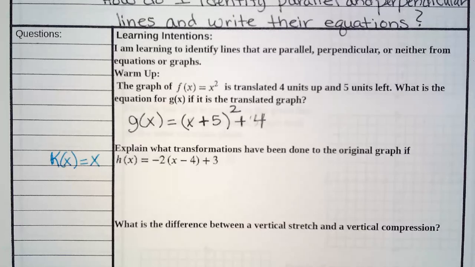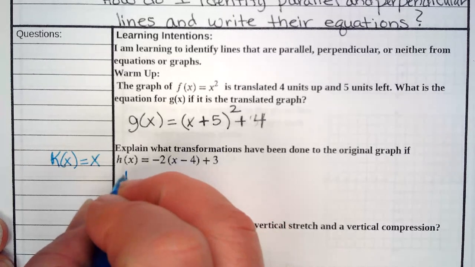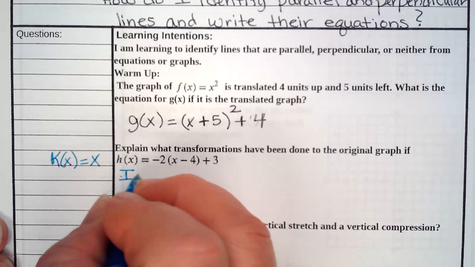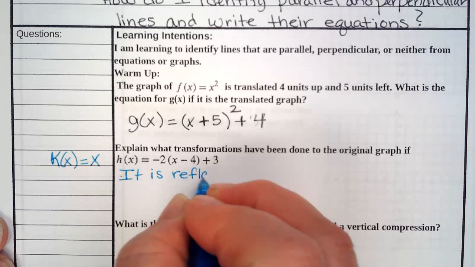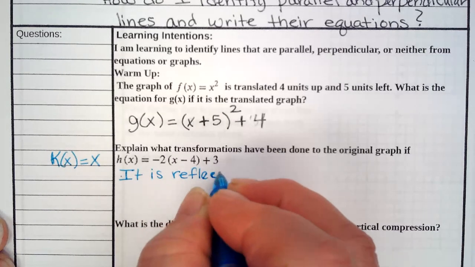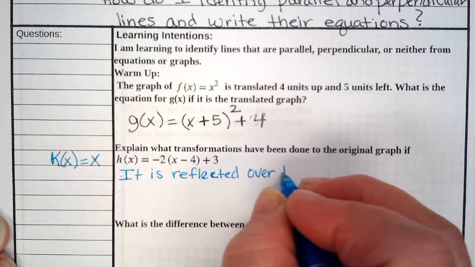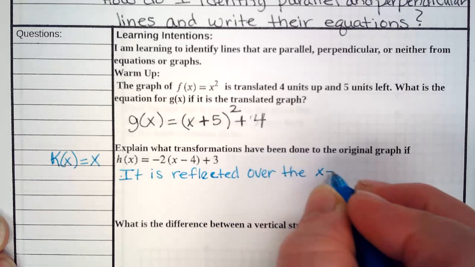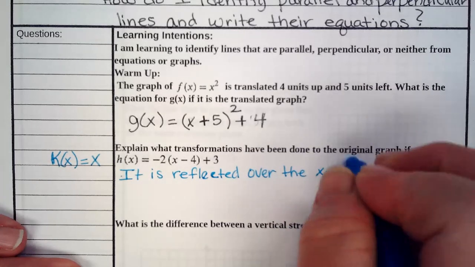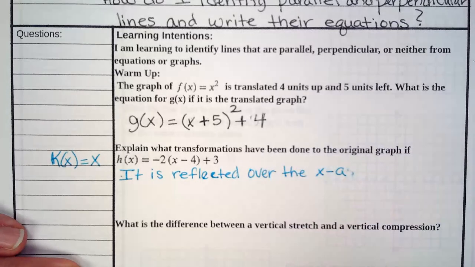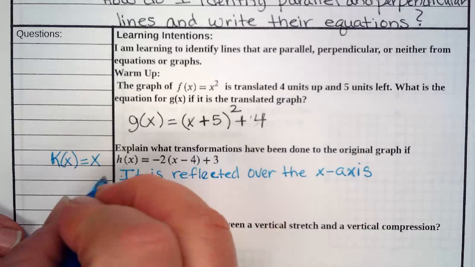Well, I hope you tried it on your own. The negative sign means it is reflected over the x-axis. That's your negative sign.